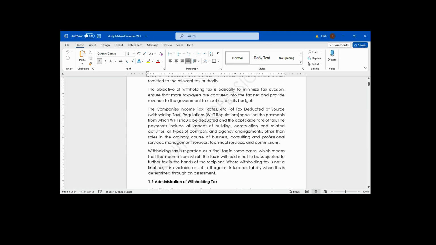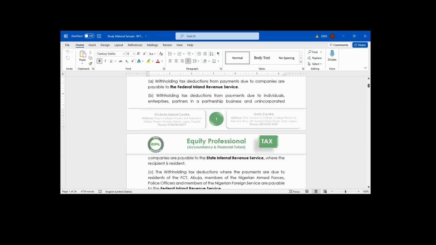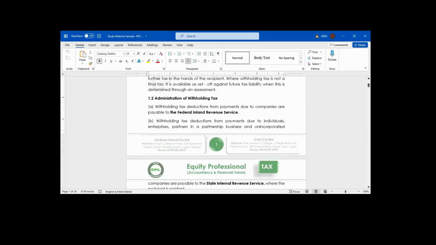Now, administration of withholding tax. Who administers withholding tax? Withholding tax is administered by both the Federal Inland Revenue Service and the State Internal Revenue Service. If the person that received the income is a company, the withholding tax will be deducted and remitted to FIRS.